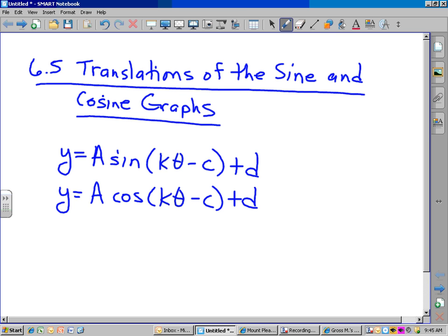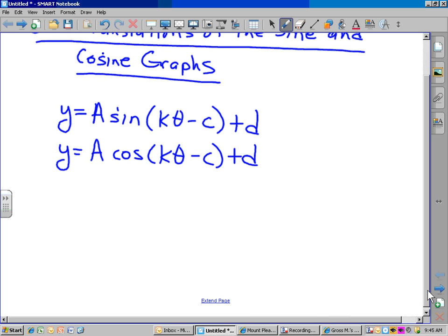What are their parts? Plus D. Yes, plus D. Amplitude. Absolute value of A. So the number out in front of the sine or cosine, take the absolute value of that, you have the amplitude.